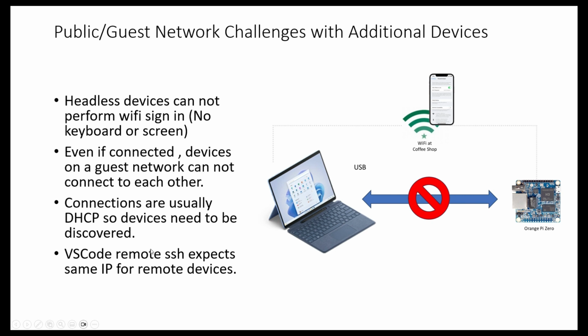And the other thing that gets complicated is for VS Code, every time you set up a remote connection, it expects to connect to the same either hostname or IP address. So it can be more complicated if you have to reconnect your session where the device's IP address has changed. You usually have to set up a whole new connection.